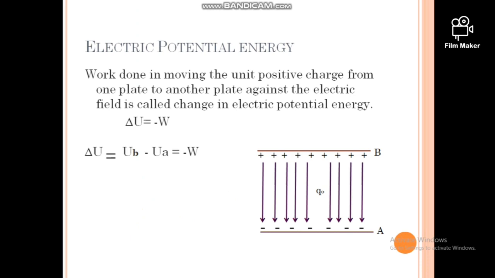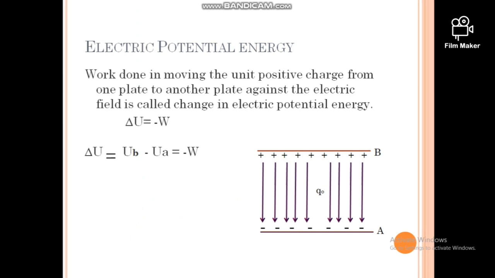Now the potential energy at plate B is taken as UB, and at plate A it is taken as UA. The difference of potential energy between these two plates is delta U, equal to UB minus UA.